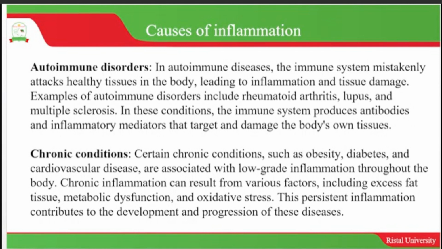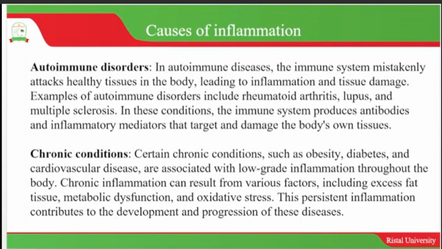Another cause of inflammation, in addition to pathogens, tissue injuries, and allergic reactions, is the fourth one, autoimmune disorders. In autoimmune diseases, the immune system mistakenly attacks healthy tissues in the body.